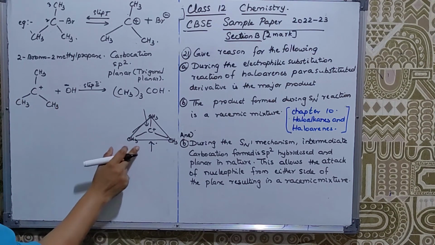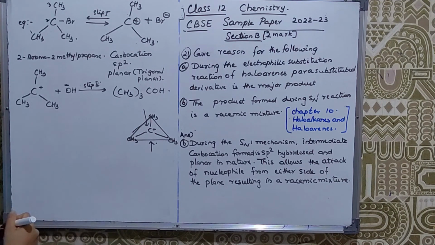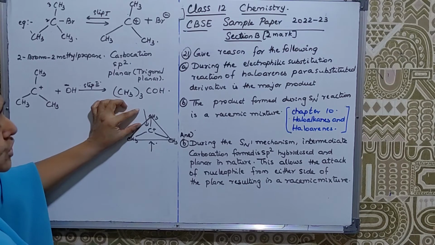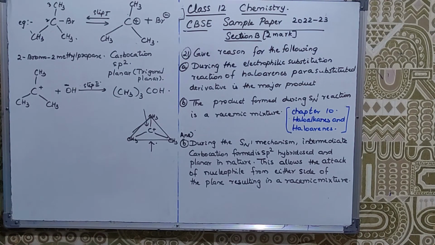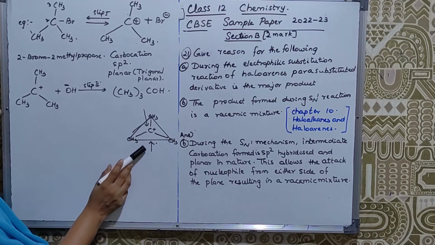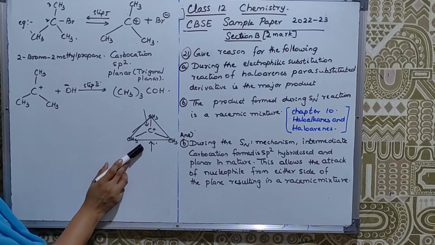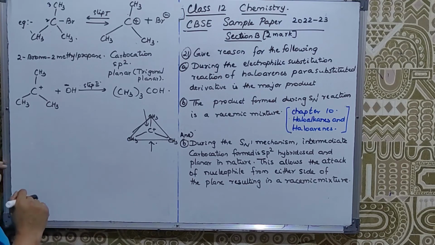OH minus will come and attack this planar arrangement either from the top or from the bottom, resulting in equal amounts of dextrorotatory and levorotatory compound. If equal amounts of dextrorotatory and levorotatory enantiomers are there, it will result in an optically inactive compound, which is called the racemic mixture.